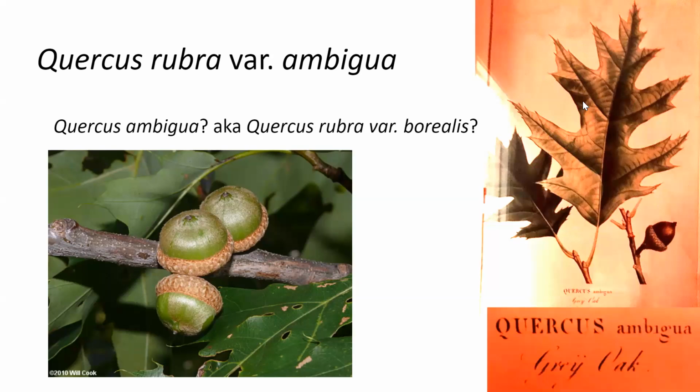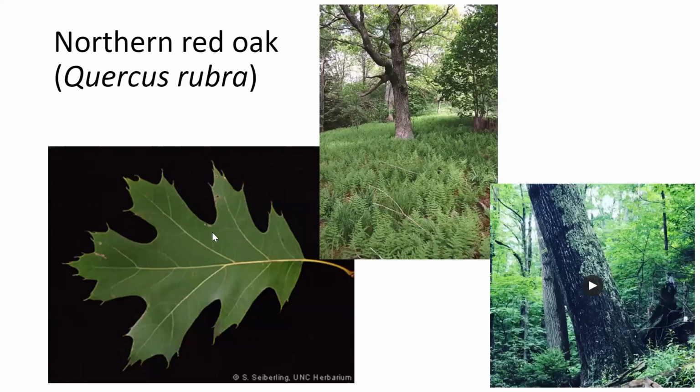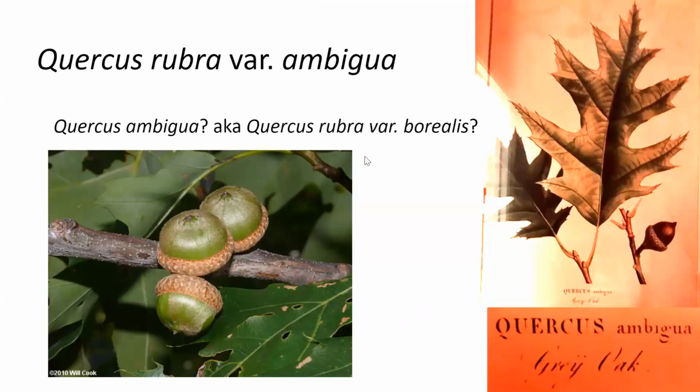It's labeled gray oak. And you can see that it looks similar to Quercus rubra, but it's got some key differences. For one thing, the sinuses are larger, right? So if I go to the next slide, this is Quercus rubra. Classic. Okay, the sinus only comes in about a third of the way, closer to half for Quercus ambigua.